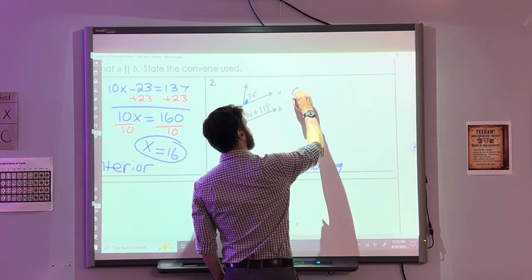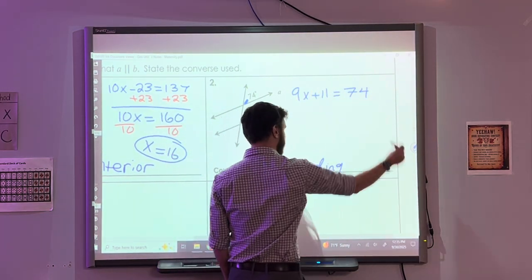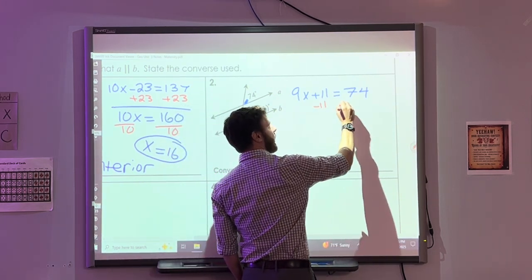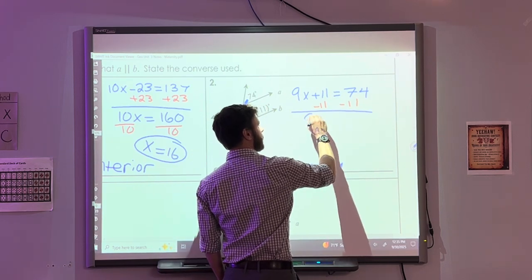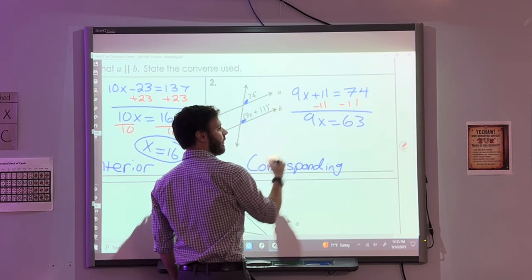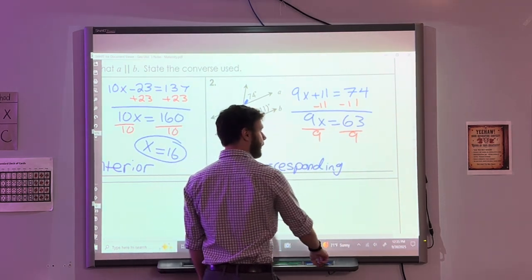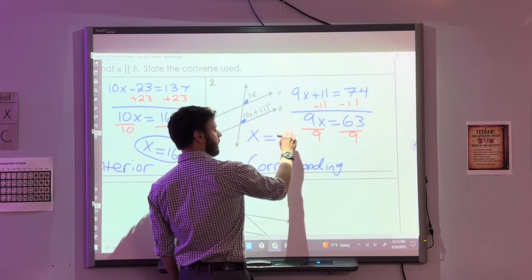So 9x plus 11 equals 74. Move the 11 because you want to get the 9x all alone. Divide by the coefficient, and I think x equals 7.